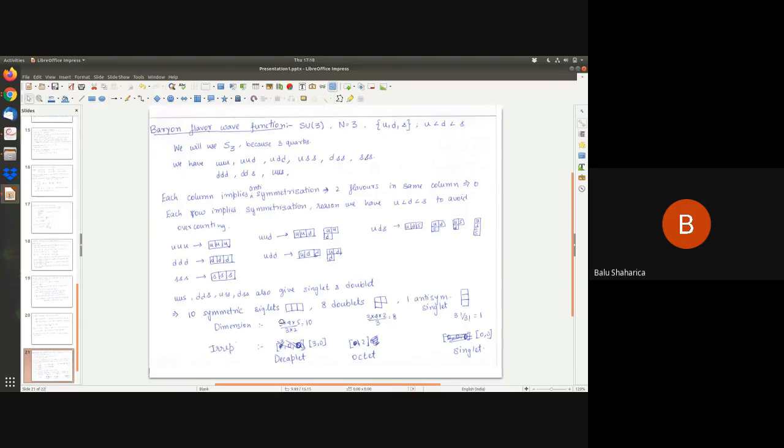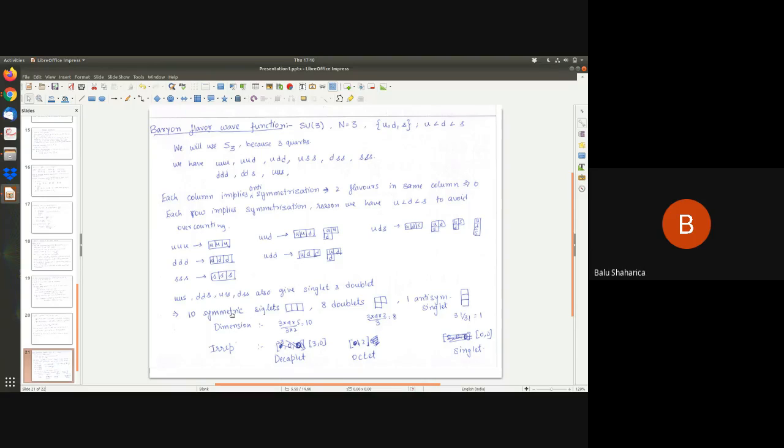So counting all of that, I'll have a total of 10 singlets, 3 from here, 2 from here, and 5 from these. And I have 8 doublets, 2 from here, 2 from here, and 4 from here. And then I have one anti-symmetric singlet.